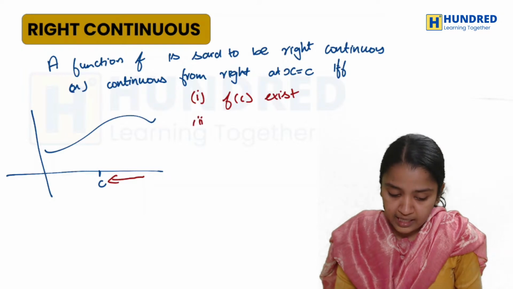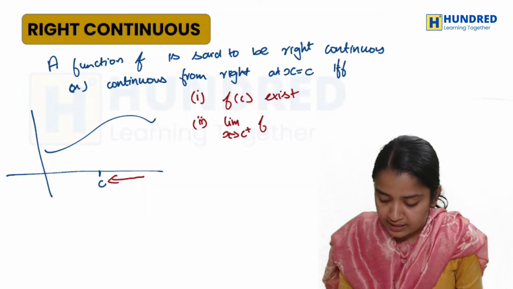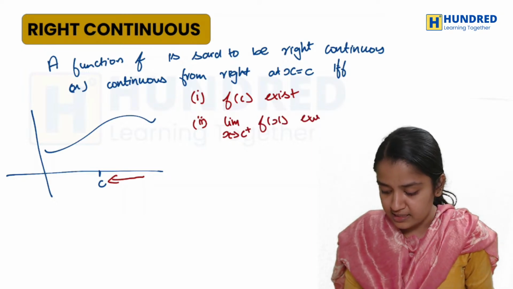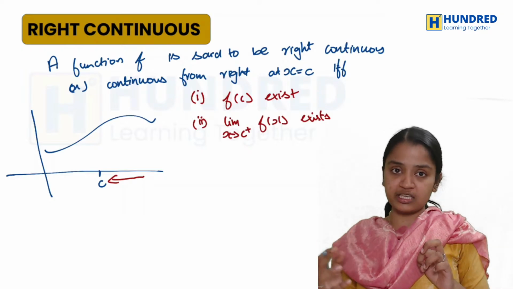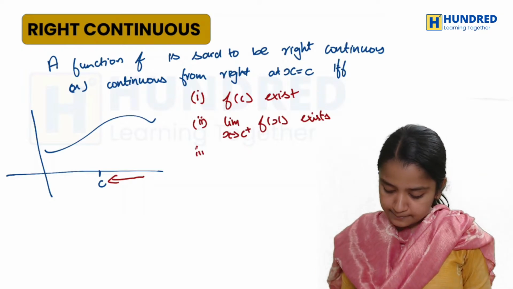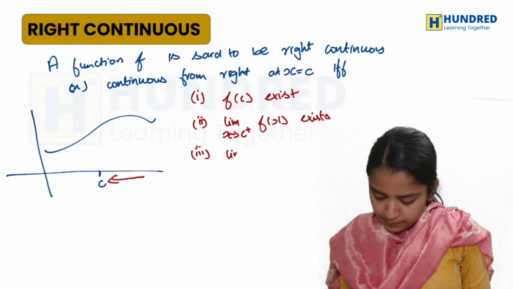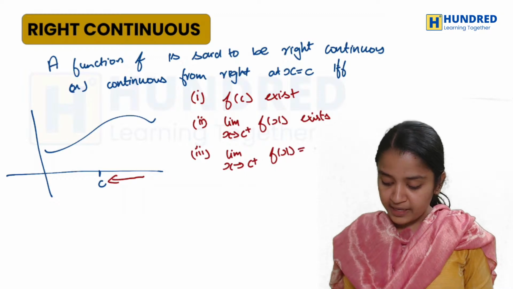Then what about the other one? The limit x tends to c plus f of x exists. Then limit x tends to c plus f of x should be f of c.